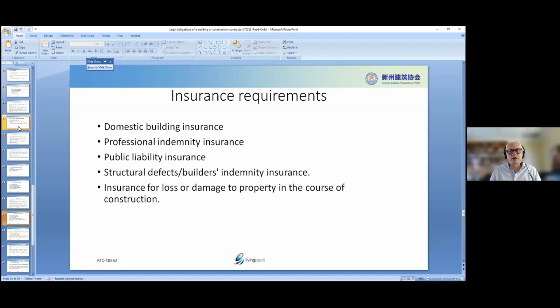Insurance for loss or damage to property in the course of construction, we take that out as contractors all risk insurance, and that is something that we take out to protect any damage that occurs during our construction. Or it might mean if somebody steals our tools, okay, things like that.